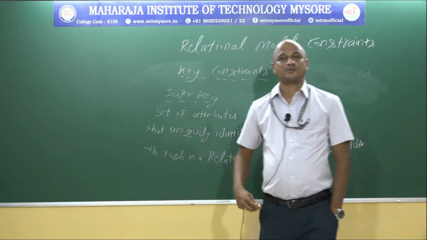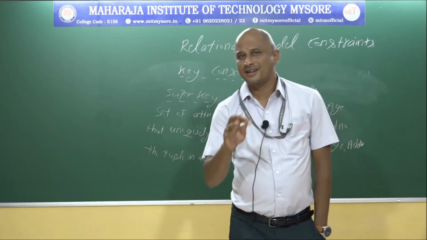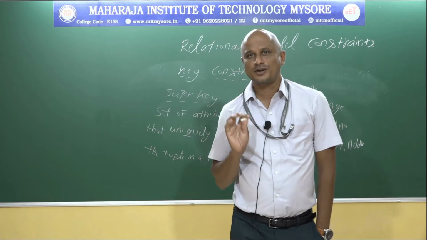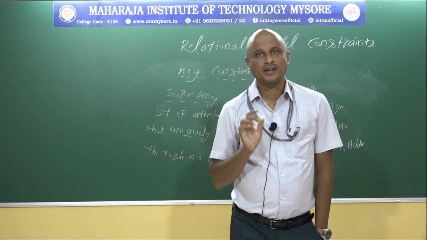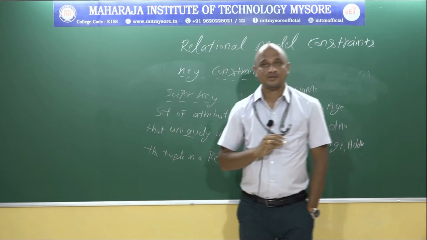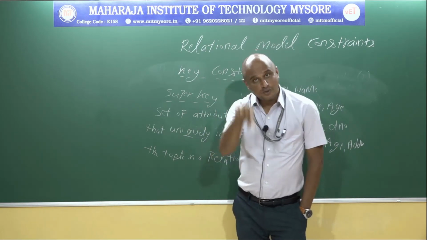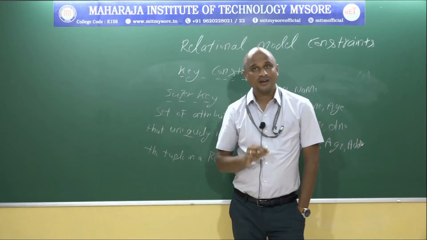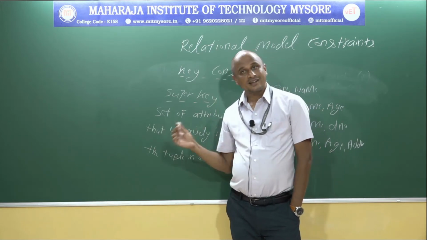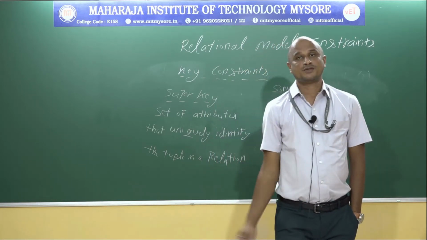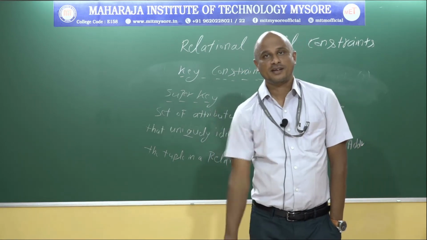Nothing more than that. I just explained it in a simple way: a combination of attributes in a database that uniquely identifies the tuple in a relation is called a super key. That is what we did, a simple way.